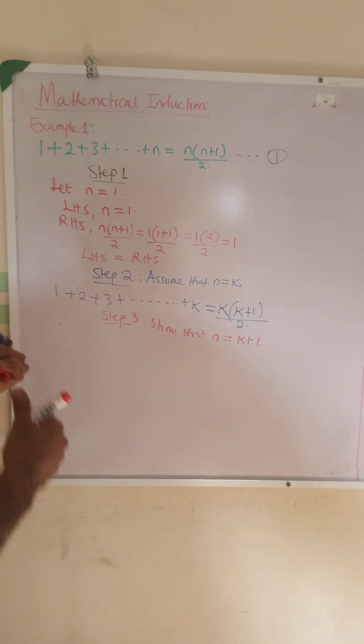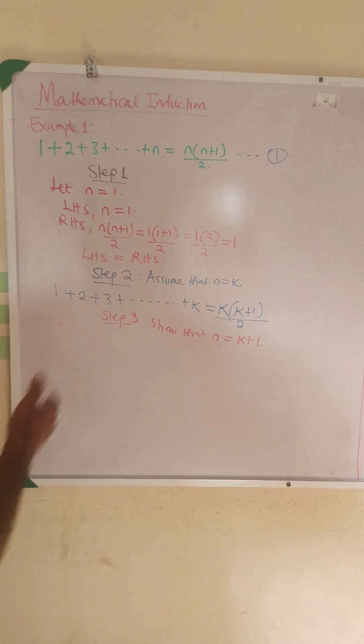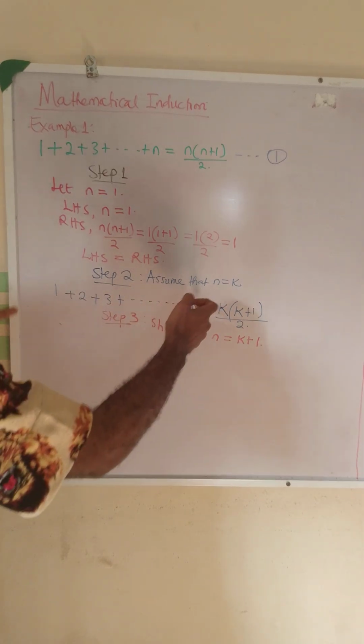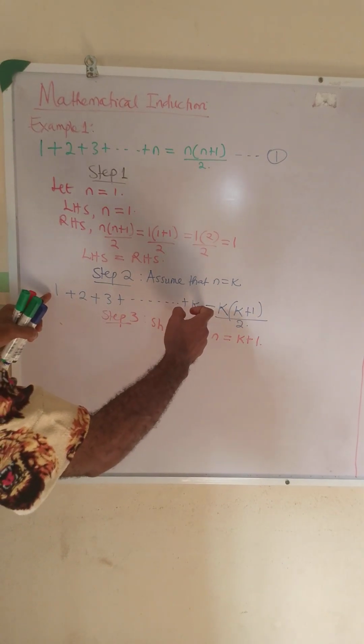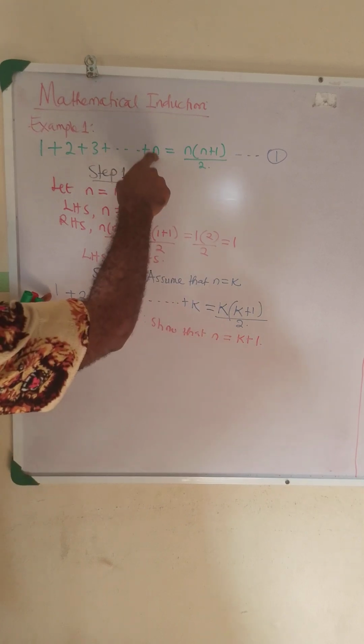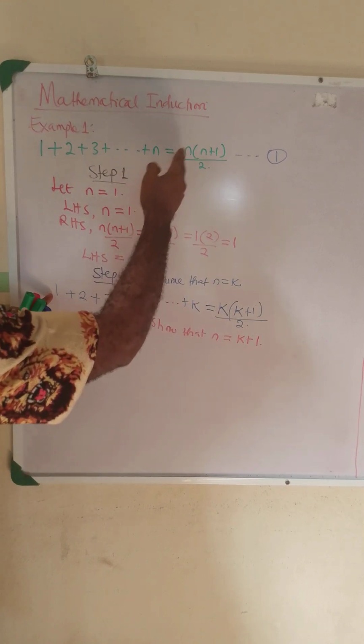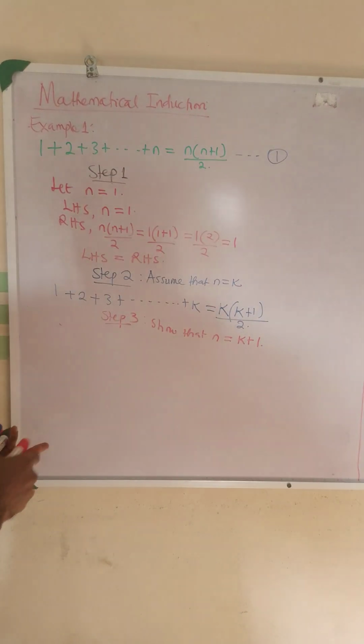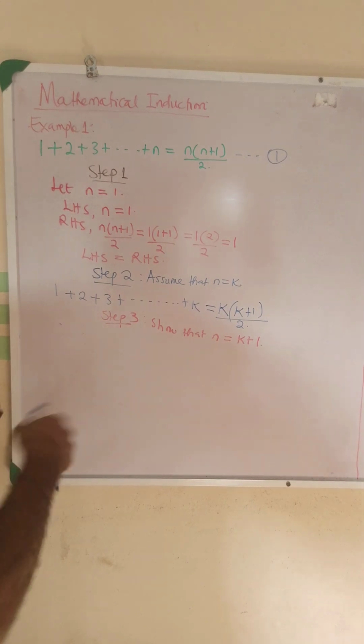Basically what we do in this is to capture what we have from here to here, and then we add the k plus 1, because our n is now k plus 1, and then we consider the right hand side of equation 2.